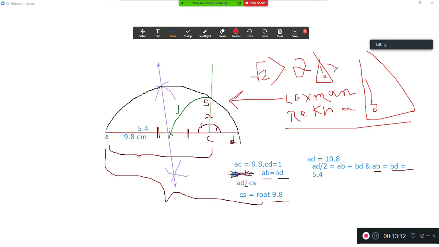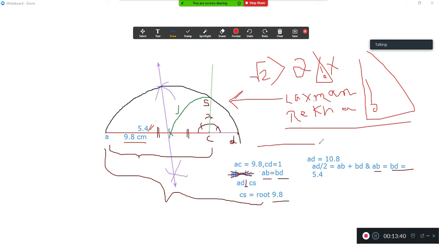So we cannot say that a line is root over 9.8 or something like that if we make it outwards of the circumference of radius 5.4. Okay, so it's a line concept.